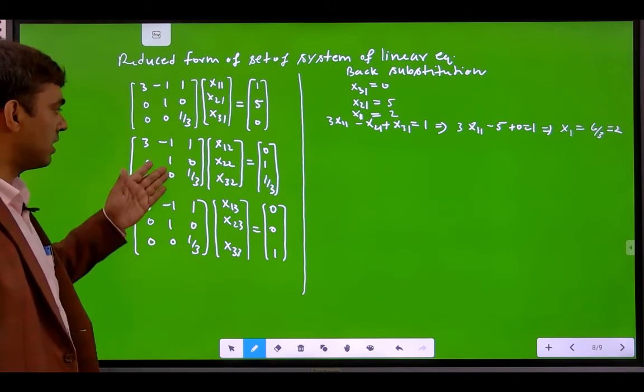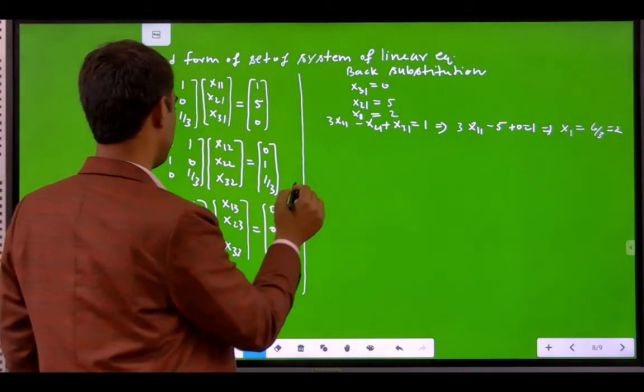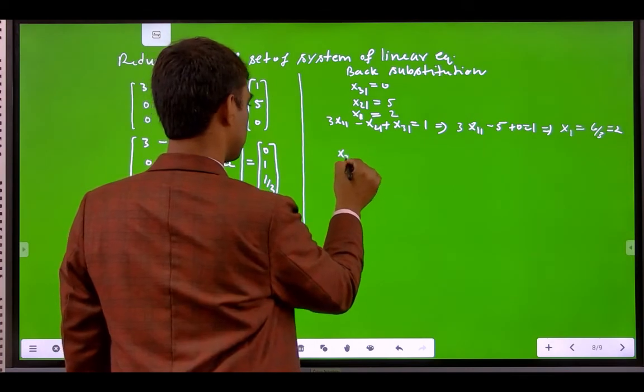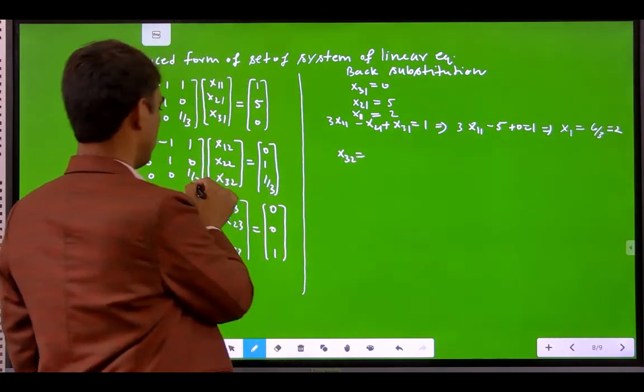In a similar manner, we try to find the value of x32. Here the value of x32 is 1 by 3.